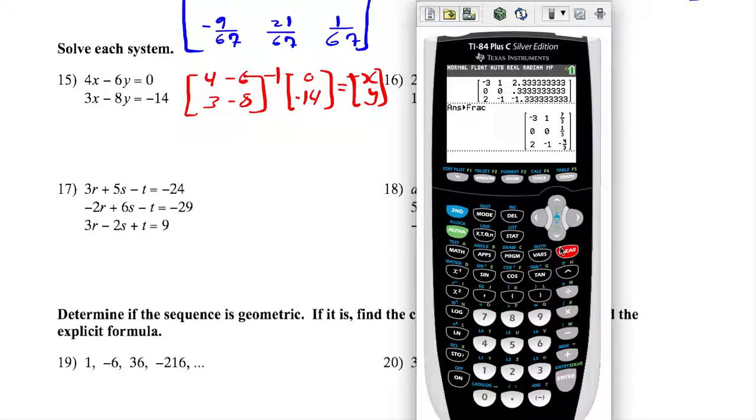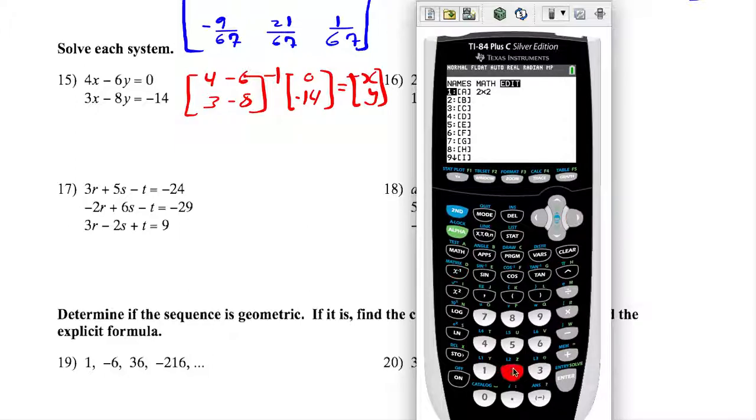So I'm going to clear out of all this, go back to my matrix menu. Matrix A, I'm going to make it 2 by 2 to be my coefficient matrix. So I'm going to get a 4, -6, 3, and a -8. That all looks good. So I'm going to quit out of this, go back to the matrix menu.